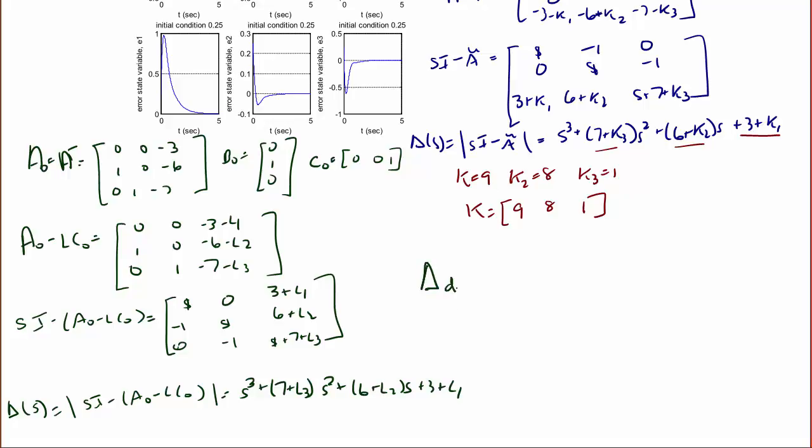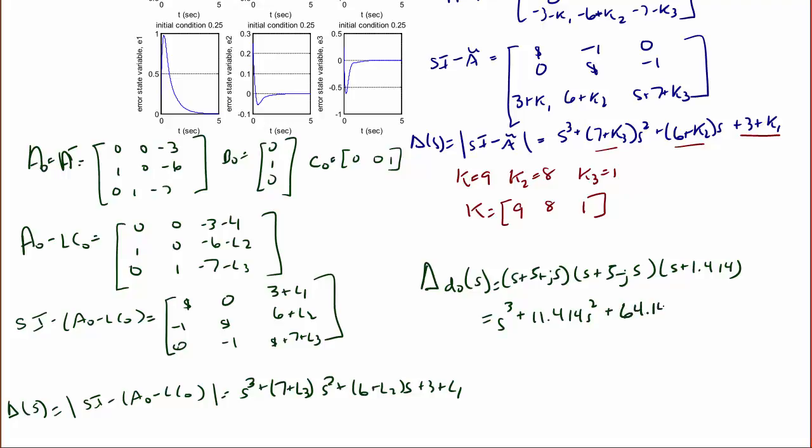Now our desired observer characteristic equation is found from the given poles: (s + 5 + j5)(s + 5 - j5)(s + 1.41), which equals s³ + 11.414s² + 64.14s + 70.7.